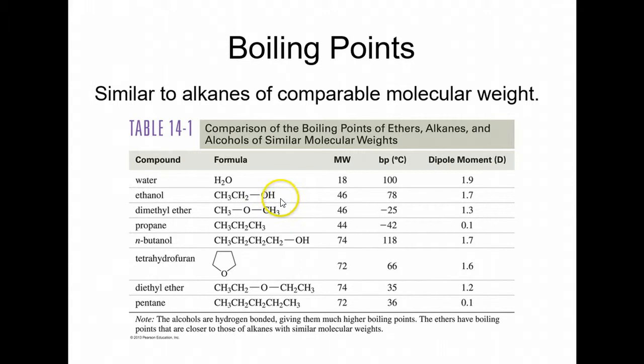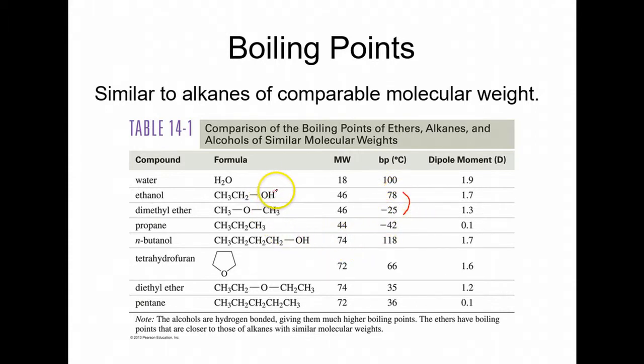Here's a great example: ethanol and dimethyl ether. Same exact weights because the formulas are the same. You have two carbons, 6 hydrogens, and an oxygen. Notice that the difference in boiling point is almost 100. Actually, the difference is about 103.